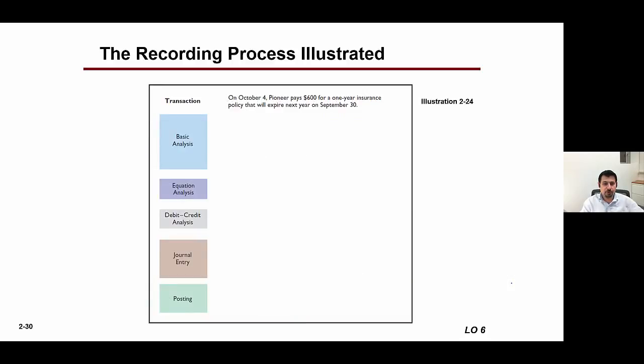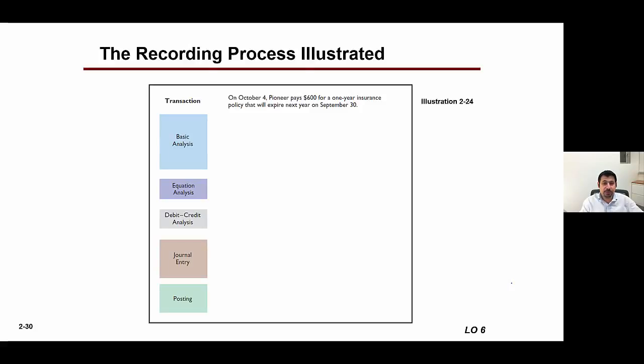On October 4th, Pioneer pays $600 for a 1-year insurance policy that will expire next year on September 30th. In this case, Pioneer has paid in advance a 1-year insurance policy. Now, this is not considered an expense. Why?